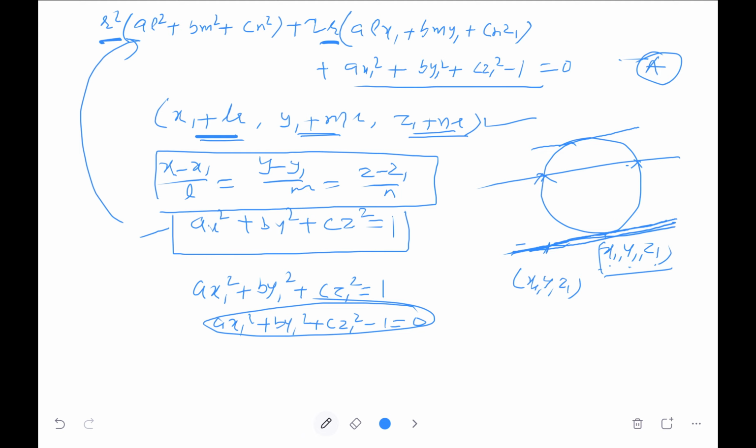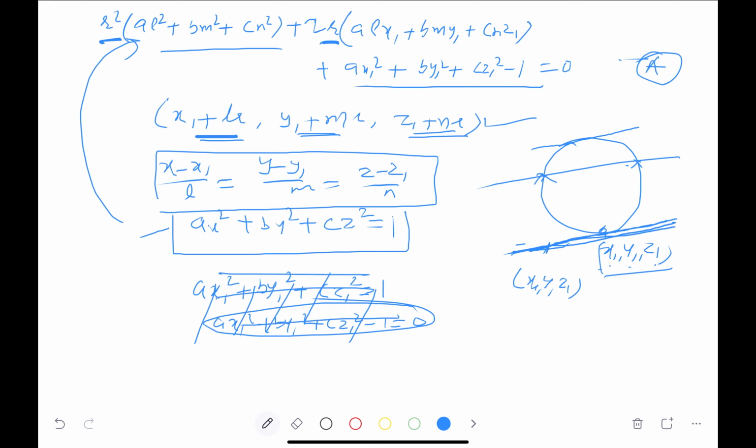The line should cut the conic at one point only, which means the two values of r must be same. If the point x1, y1, z1 does not lie on the conic, then the two values of r must be same.